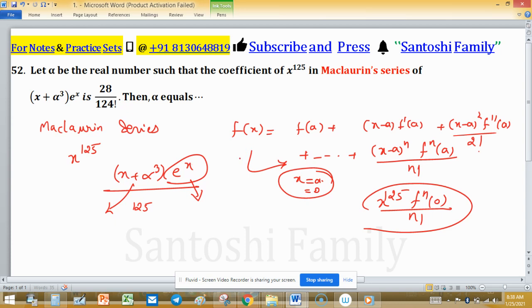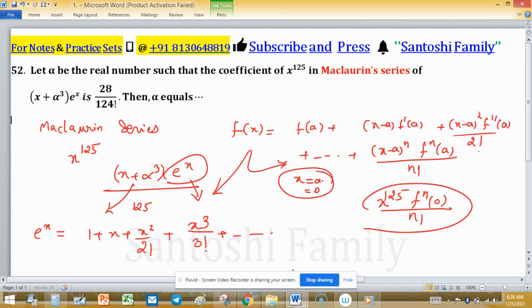So avoid this method, because this is a polynomial and this is e raised to the power x. We need an expansion of this type of format, so expand e raised to the power x, which is 1 plus x plus x square upon factorial 2 plus x cube upon factorial 3 plus, and so on. This is the expansion.